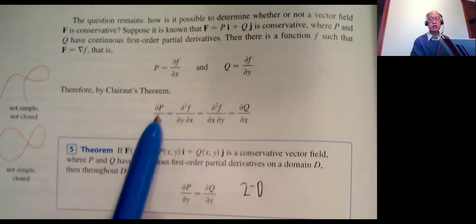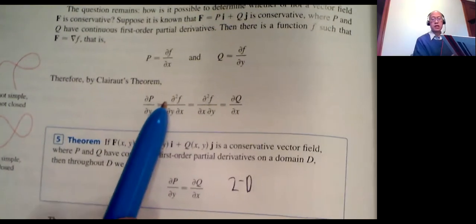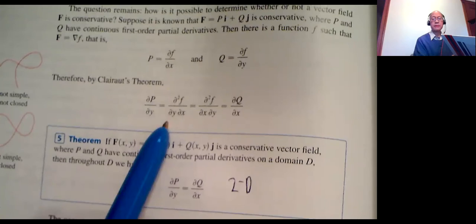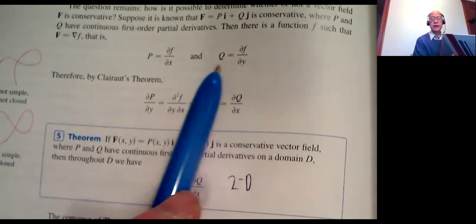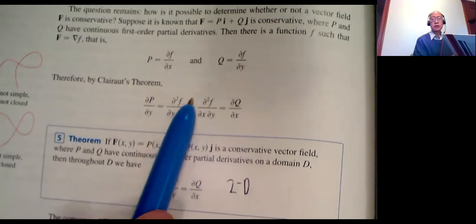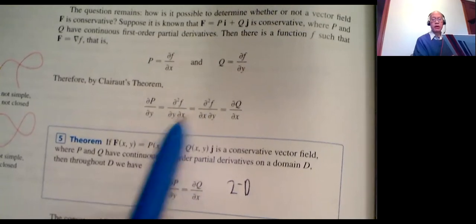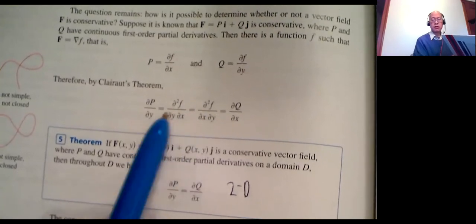Which means if I now take the partial of P with respect to y, I'm taking the second partial with respect to x and then with respect to y. If I take the partial of Q with respect to x, I'm taking the derivative with respect to y, and then the partial with respect to x. But we know from Clairaut's theorem, these are equal.